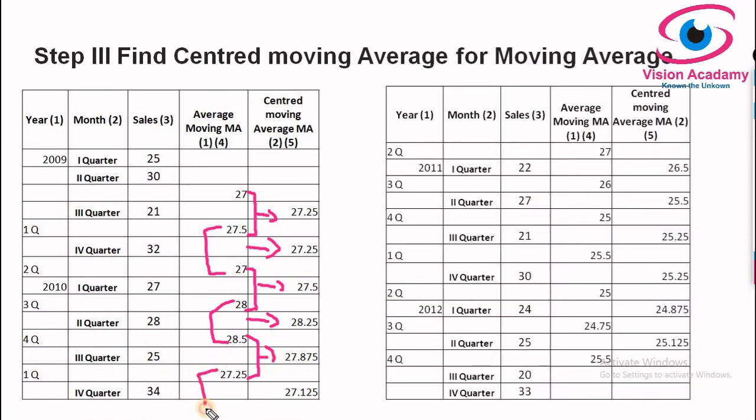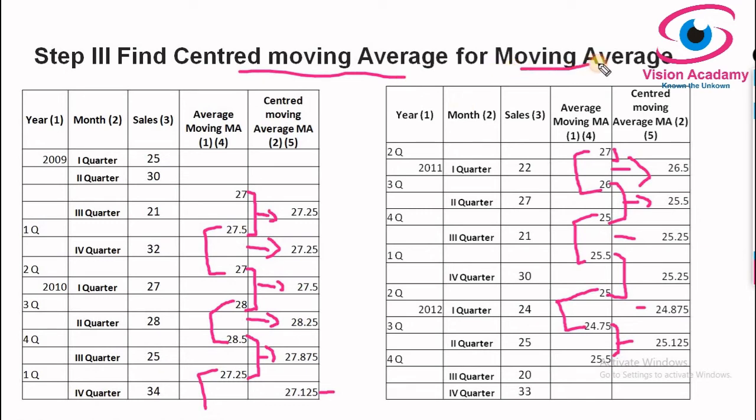This 27.25 plus 27 divided by 2 is 27.125, and 27 plus 26 divided by 2 is 26.5. 26 plus 25, the midpoint is 25.5, and 25 plus 25.5 is 25.25, and 25.5 plus 25 is 25.25 again. 25 plus 24.75 is 24.875, and lastly 24.75 plus 25.5 is 25.125. So by this way we have taken the centered moving average.